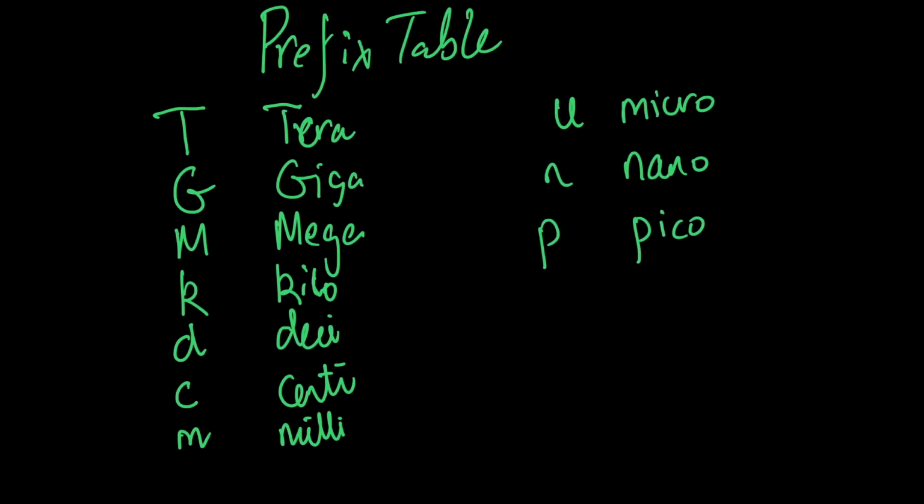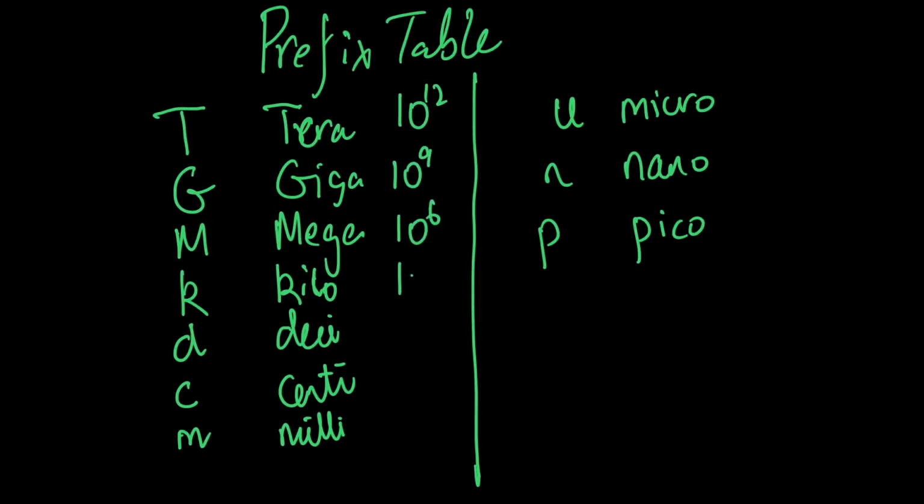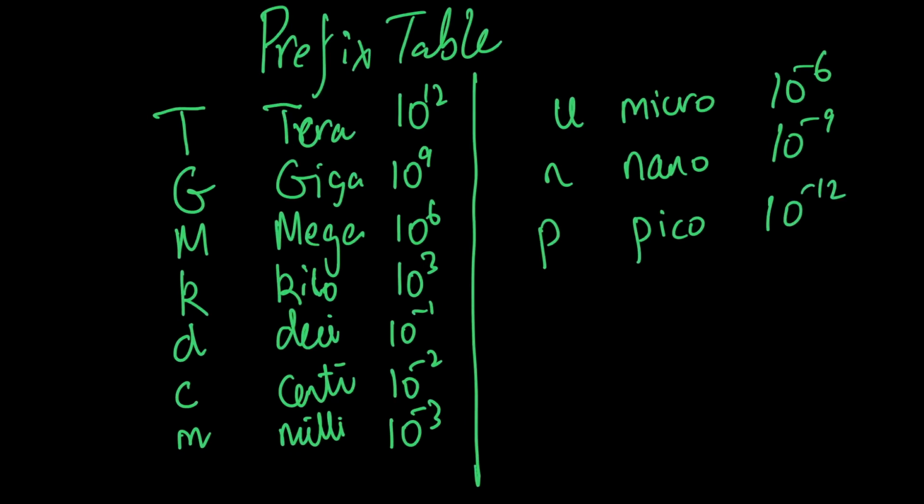Now, all of these prefixes have their values. So tera has a value of 10 to the power 12, giga has a power of 10 to the power 9, mega has a power of 10 to the power 6, kilo has a power of 10 to the power 3, deci 10 minus 1, centi 10 minus 2, milli 10 minus 3, micro 10 minus 6, nano 10 minus 9, and pico 10 minus 12.